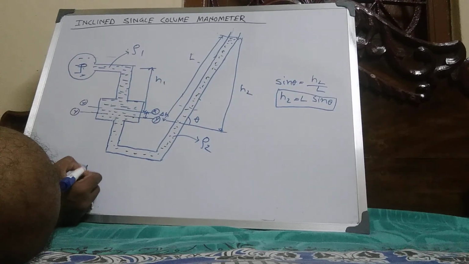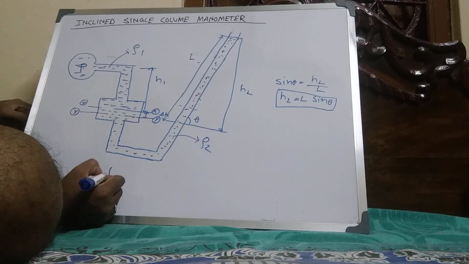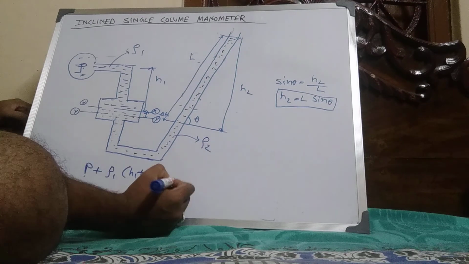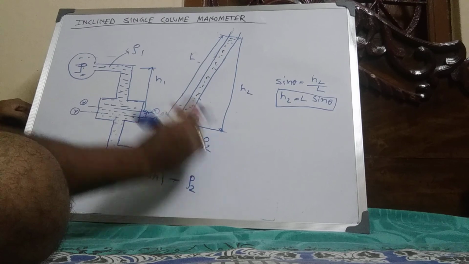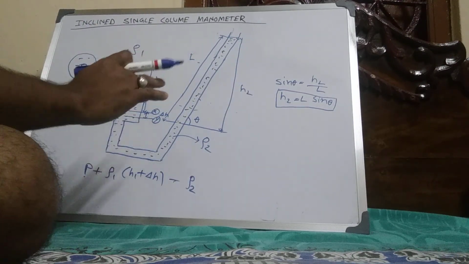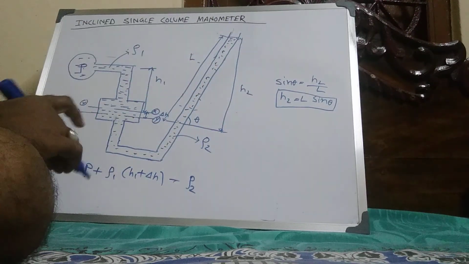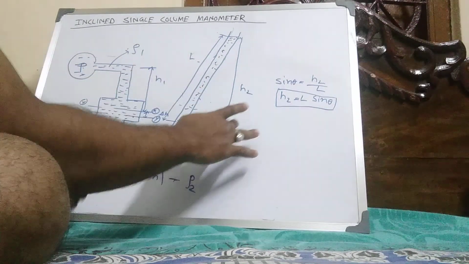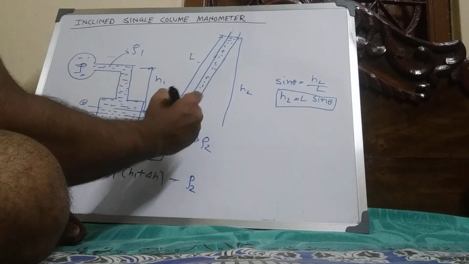So first pressure plus rho 1 g into H1 plus delta H, minus rho 2 g into H2 plus delta H, equal to 0.